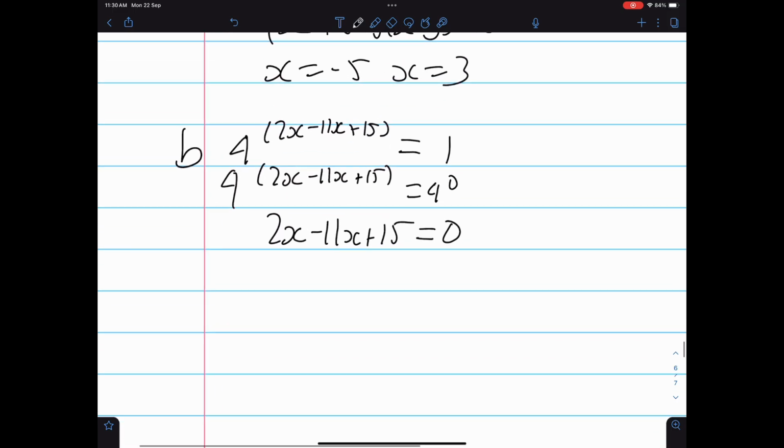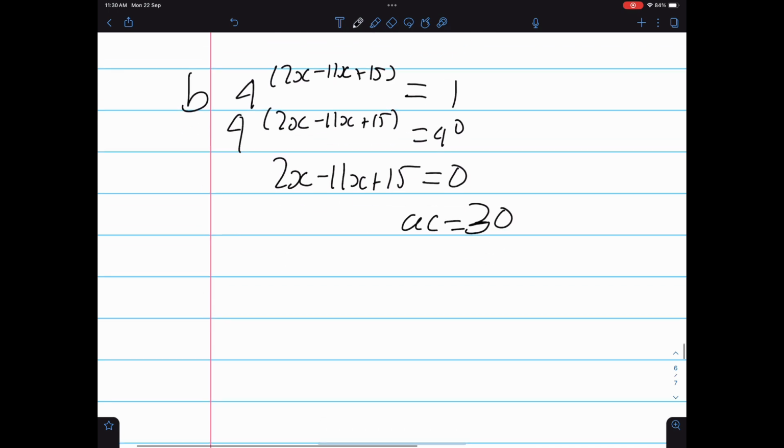AC equals 30. So now I have 2x squared minus 5x minus 6x plus 15 equals 0.